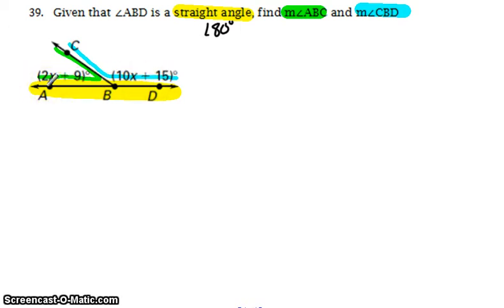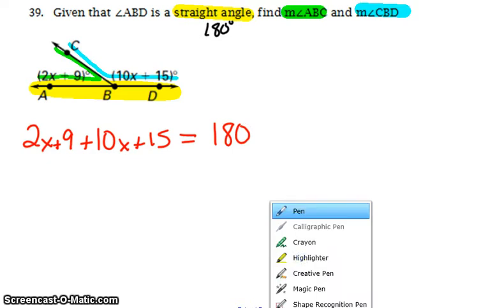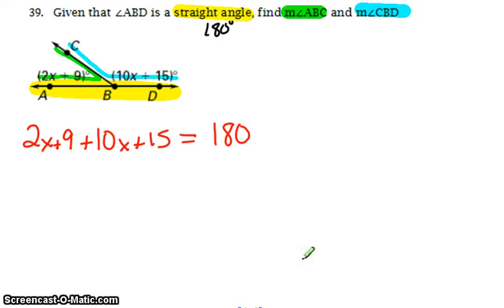Well, I don't know what this is equal to, but I do know that this expression plus this part is going to have to equal the whole, which has to be 180 degrees. Okay, so the whole has to be 180, and that angle and this angle combined has to equal the whole.